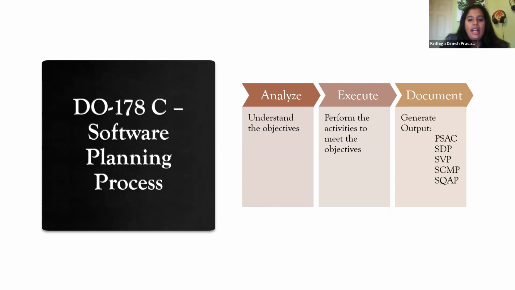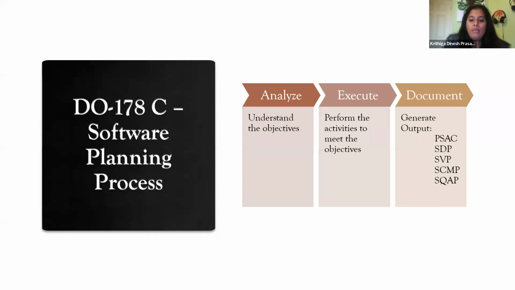Then we have to identify how we are going to coordinate between the software development and integral processes, ensure the transition criteria from one phase to the other, and identify the external dependencies we have, and whether we are going to have user modifiable software. So these are some examples of things that we need to consider in any DO-178C project.